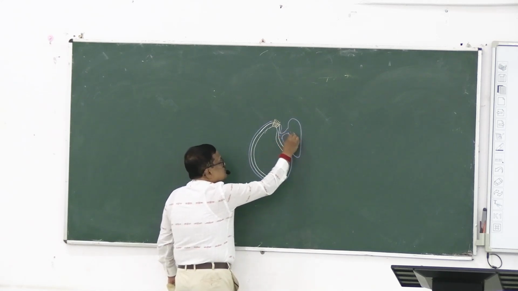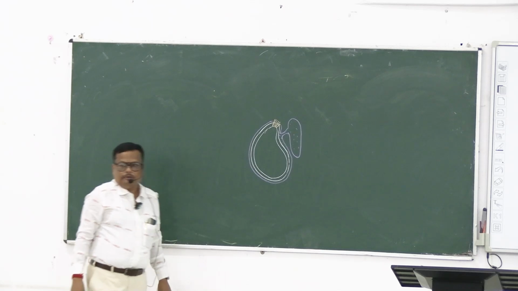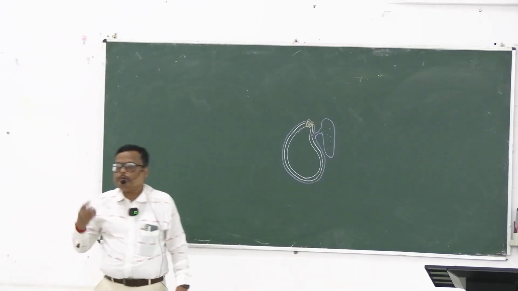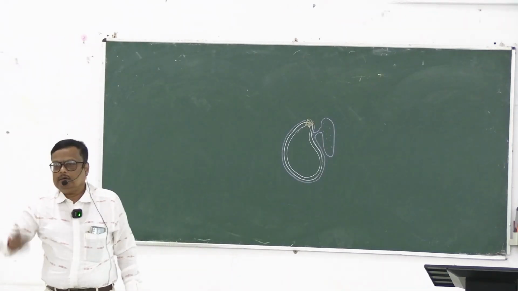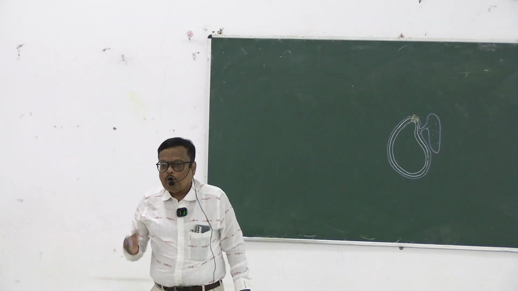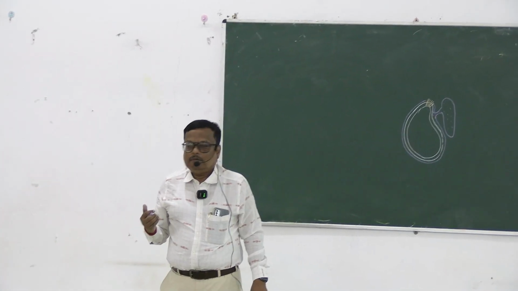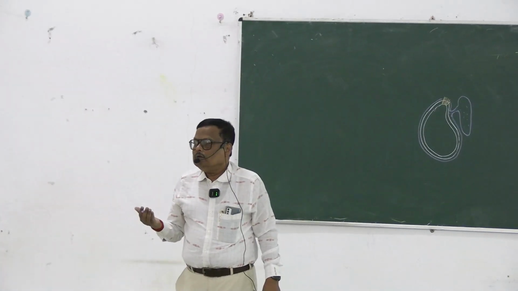So, this fluid also comes here. This is known as the subscapular bursa. So, in front of the subscapular bursa, what muscle will lie? Huh? In front of this bursa, what muscle will lie? Tell me, subscapular.